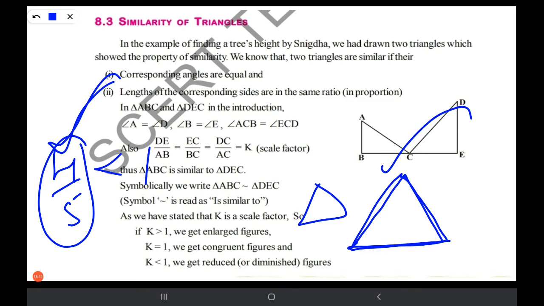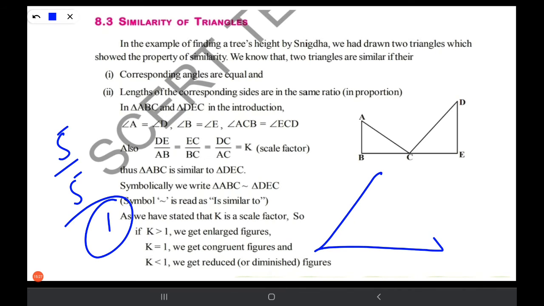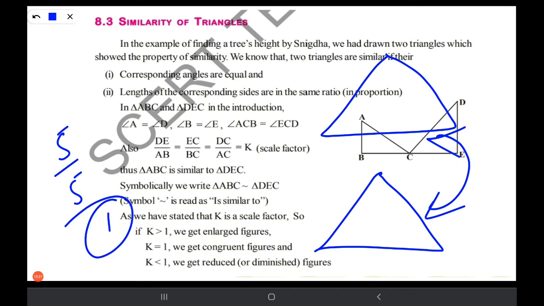Did you get this concept? Coming to this case, if the scale factor is 5 by 5, nothing but 1, you have to construct a similar triangle with scale factor 1. It means you copy one more triangle as it is, so both are the same in shape and same in size. Then they call them congruent figures.